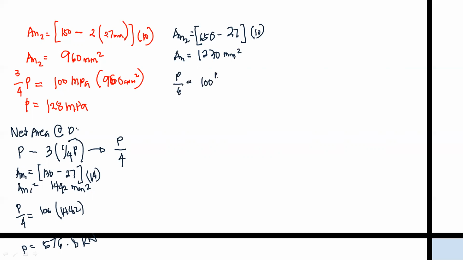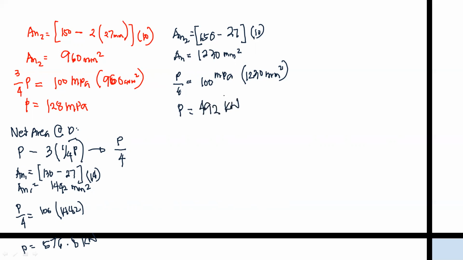You have allowable tensile stress of 100 megapascals times the area of 1,230 square millimeter. So our P is 492 kilonewton.